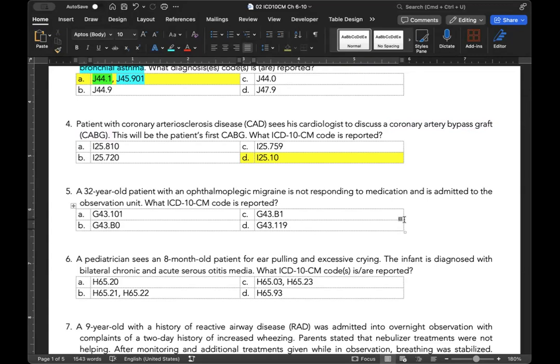Underneath migraine, what is our type of migraine? Ophthalmoplegic. Yep. And then we have with refractory migraine, intractable, not intractable, and then without refractory migraine.